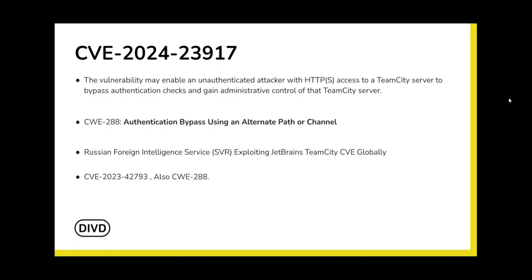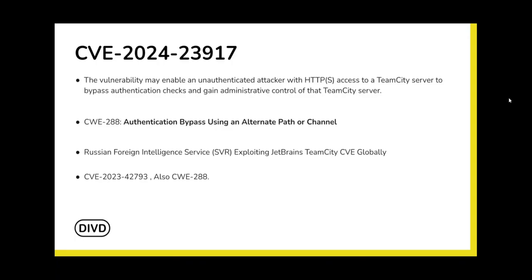We can take a look at a previous one, two to three months previous to this vulnerability. Also in TeamCity, that was CVE-2024-23917, and that had also the same classification. So that also had the authentication bypass, and that is one thing to keep in mind if in a couple of minutes we are going to search for the vulnerability.